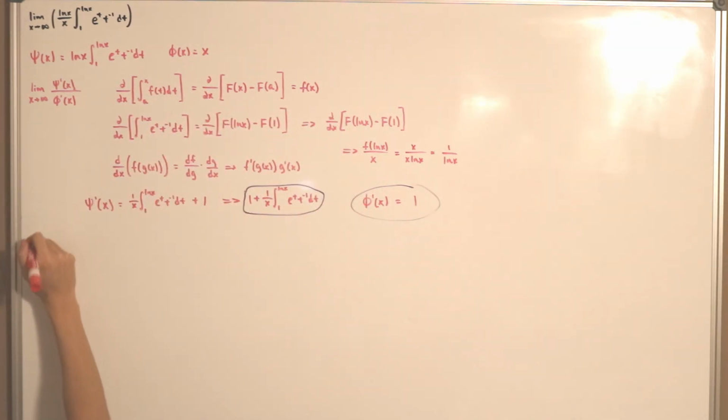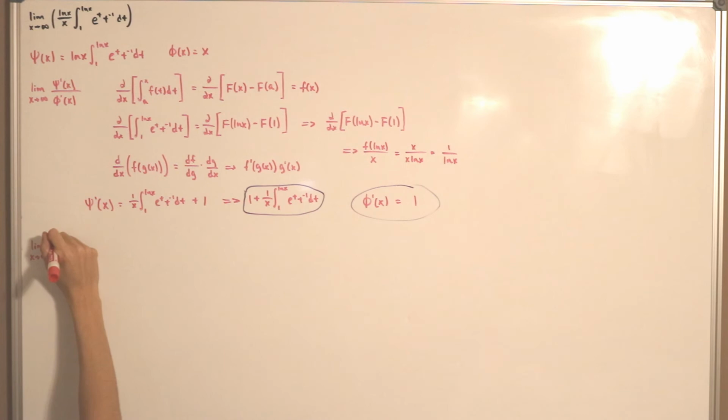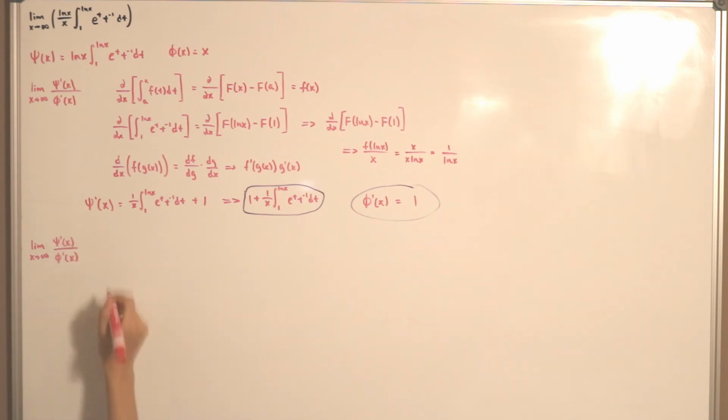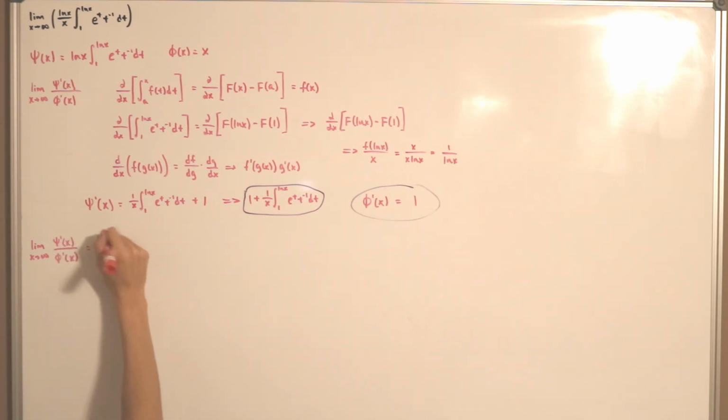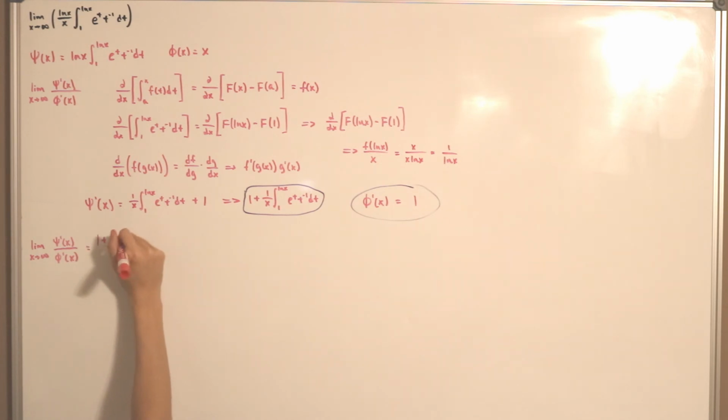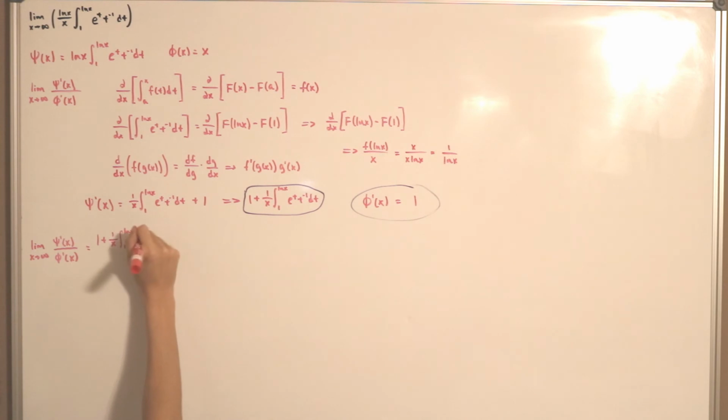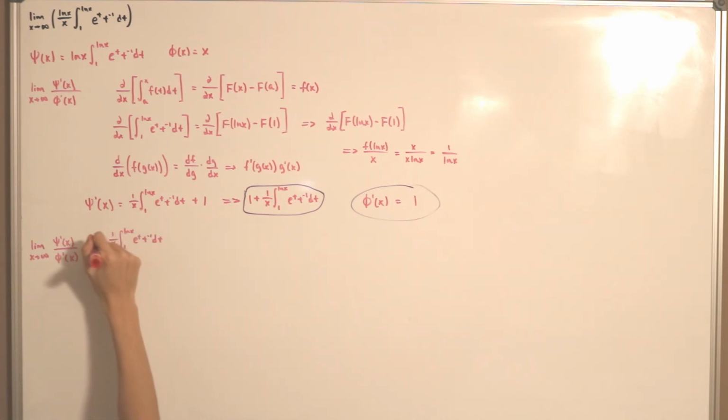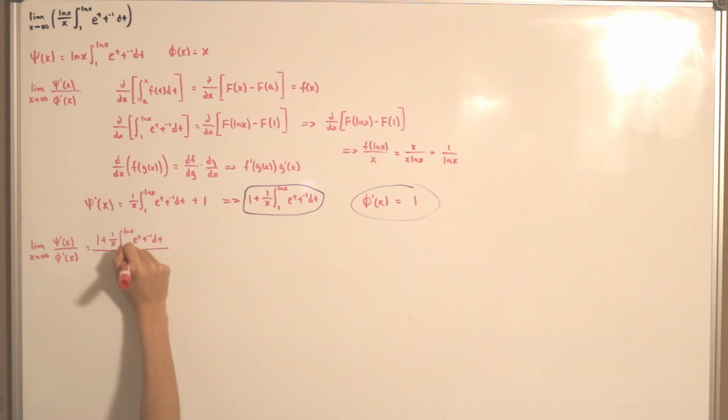We have the limit as x approaches infinity of psi of x divided by phi of x. So this is 1 plus 1 over x, integral from 1 to ln of x, e to the t multiplied by t to the -1 dt, and then divided by 1.